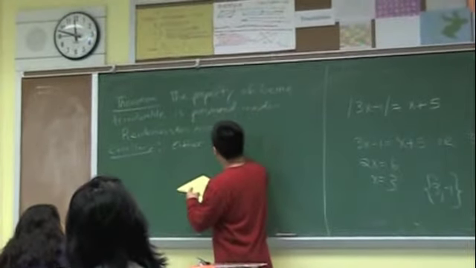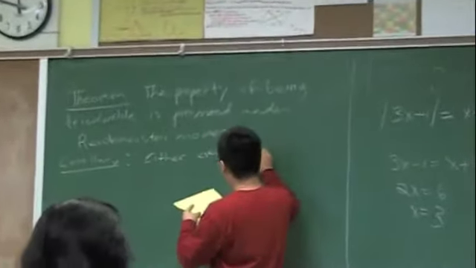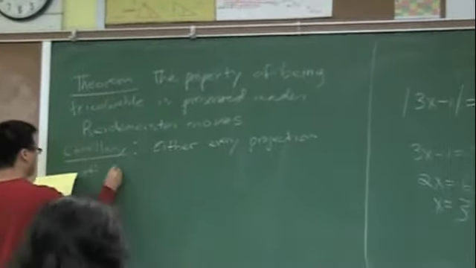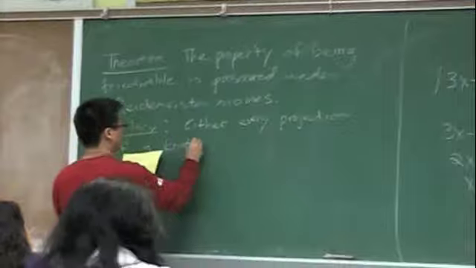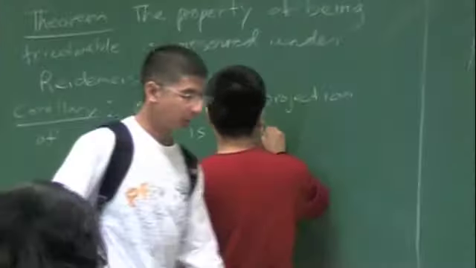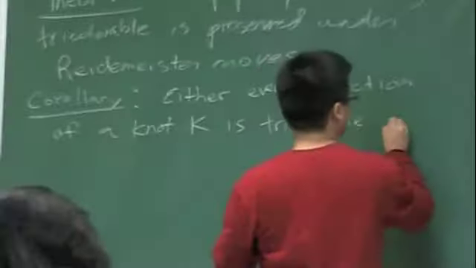right? Either every projection of a knot K is tricolorable, or no projection of K is.